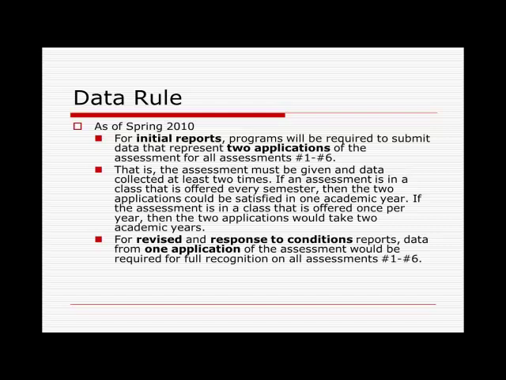And if it's a conditional report, it could be even more narrow. Maybe the condition has nothing to do with data. Maybe the data charts were fine, but it was the scoring rubrics that were the problem. So in that condition, they don't even mention data. So if the condition statement doesn't mention data, they don't have to submit data, and you can't make a comment about data. So conditions are very limited.